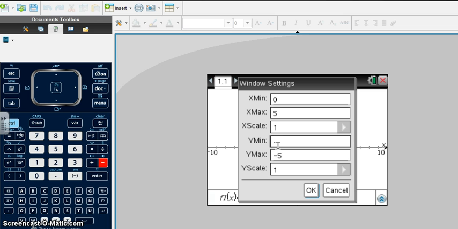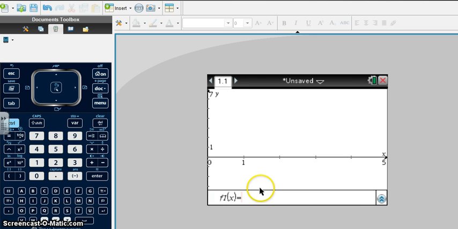Sorry, helps if you get the minimum and the maximum the right way around.